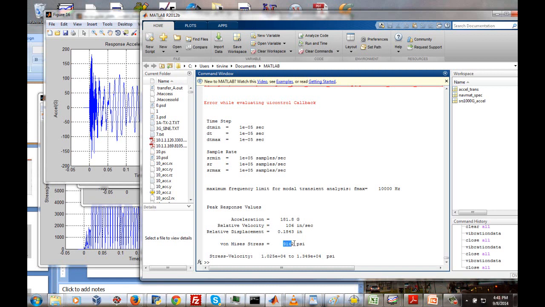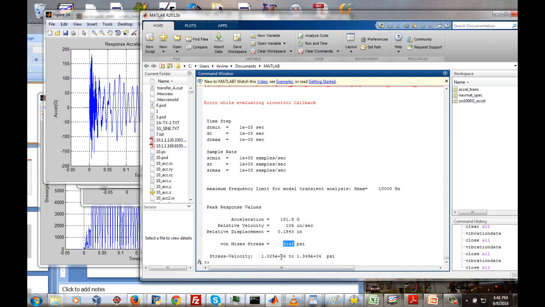Now, in terms of the stress-velocity relationship for rectangular plates, points supported at each corner, I'm still playing around with the formula. But what I've found from some numerical experimentation is that the stress velocity is roughly about 2 times rho times c.